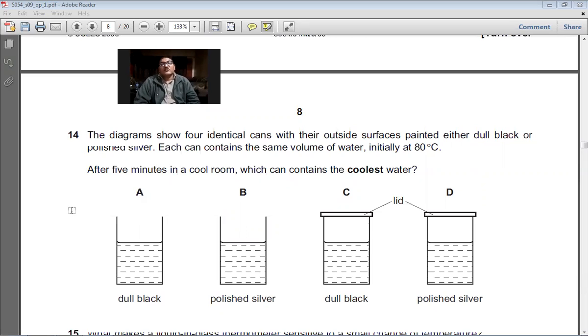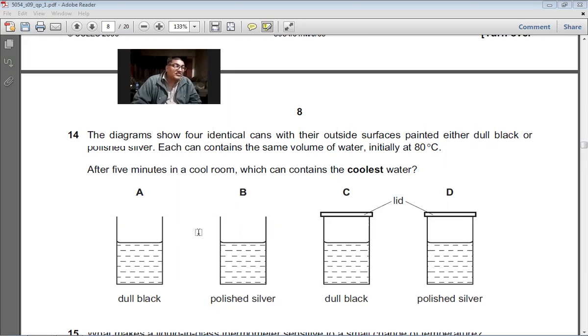The water was hot, so they are losing heat. The coolest water will be where the radiation emitted is largest.